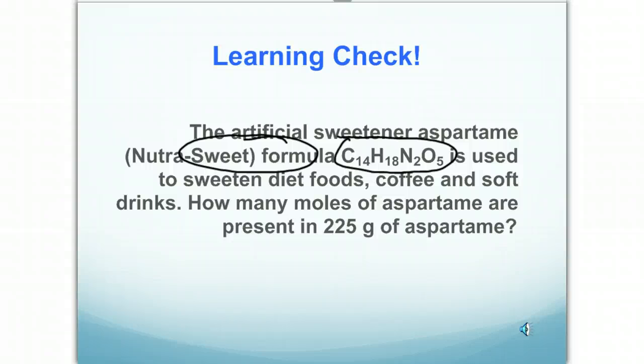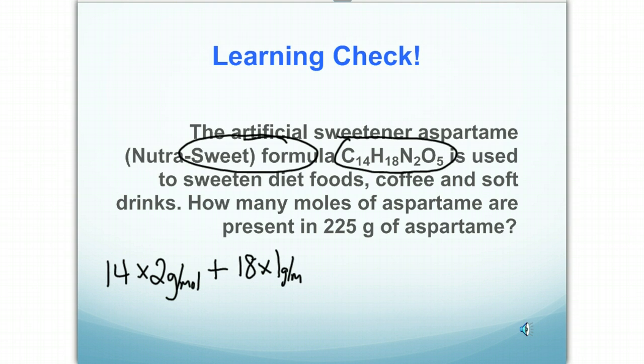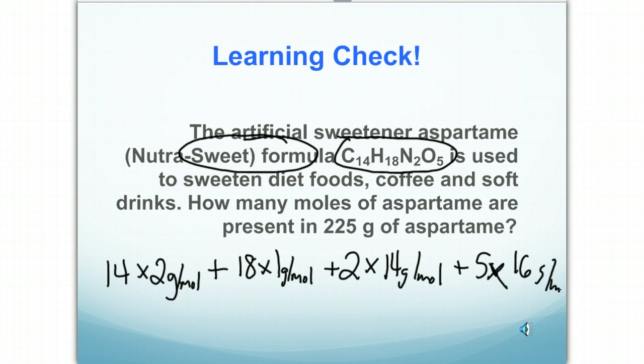So we have 14 carbon atoms times 12 grams per mole for each carbon, plus 18 times 1 gram per mole for hydrogen, plus 2 times 14 for the nitrogen, plus 5 times 16 for the oxygen.